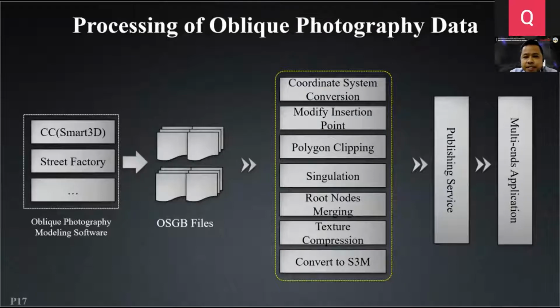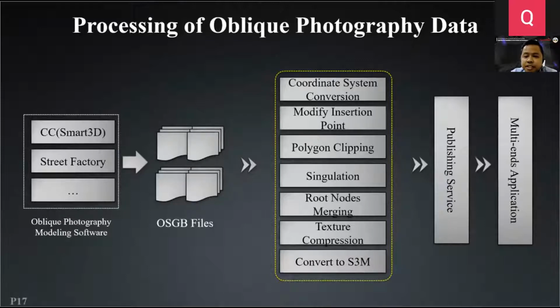For example, in order to unify the coordinate system, the data is converted into a single coordinate system. In order to improve the rendering performance, the data is combined with root nodes and texture compression operations. These processing operations are very inefficient because each step of the processing for oblique photography data requires a large number of small OSGB files to be read, processed, and restored.